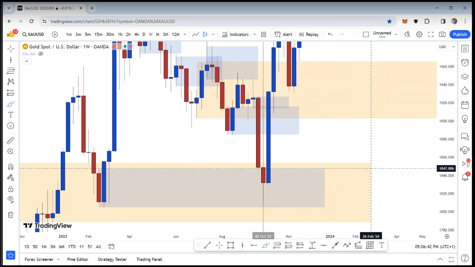Now, what do I mean by the mother time frame? When you're stepping down to the lower time frame, automatically that lower time frame will become the mother structure. Let's say this is weekly. Weekly is the mother to daily.